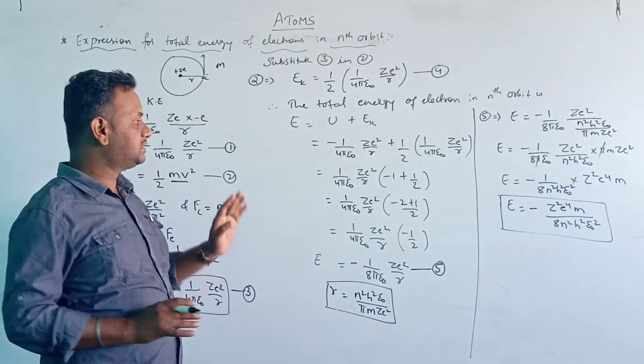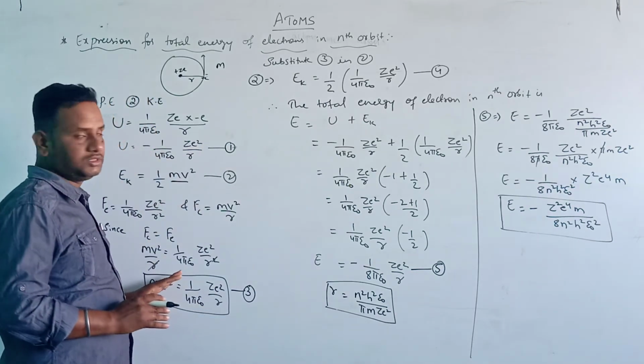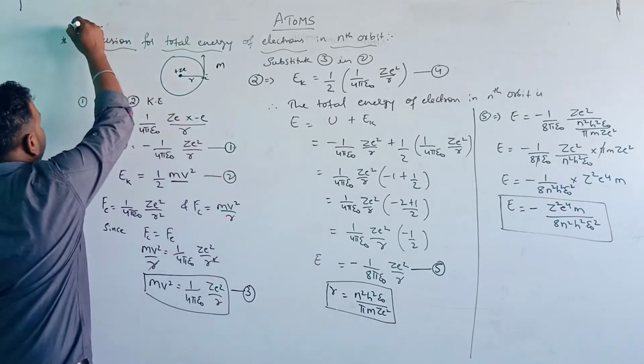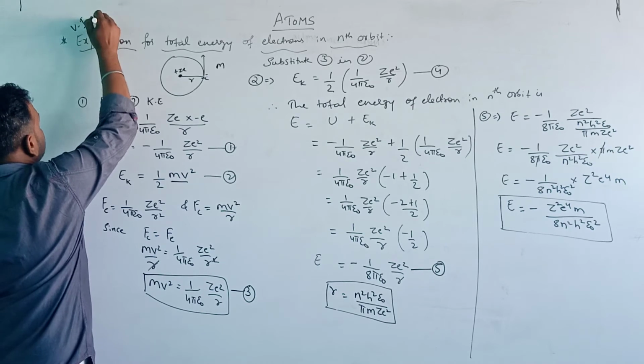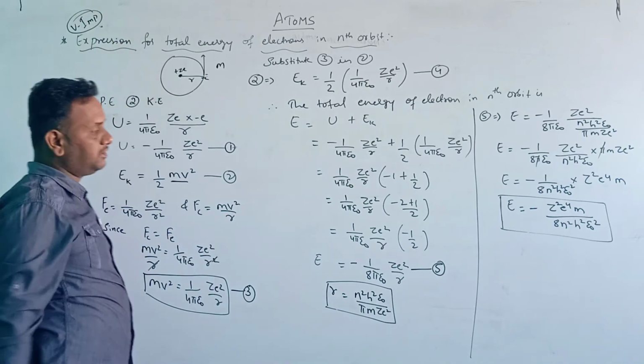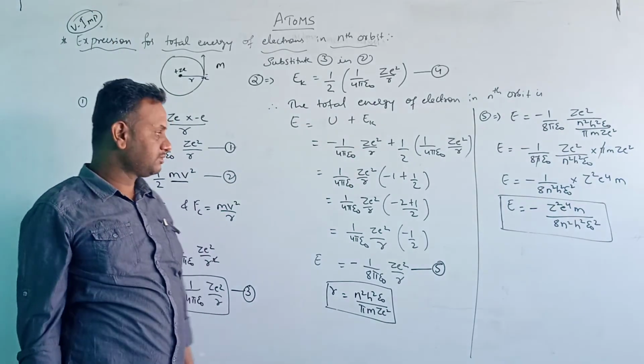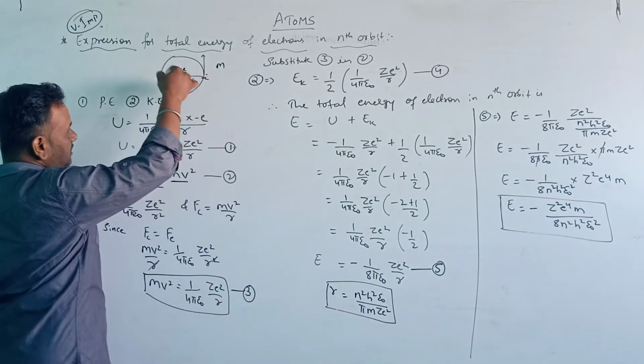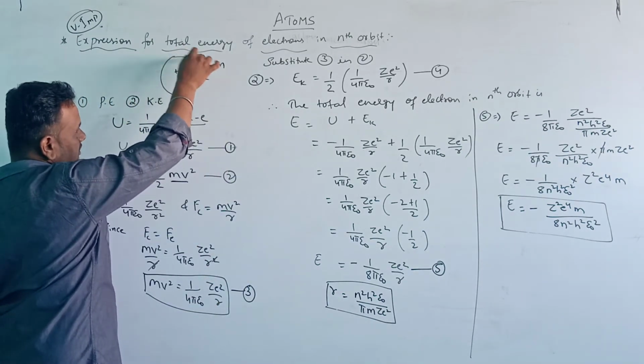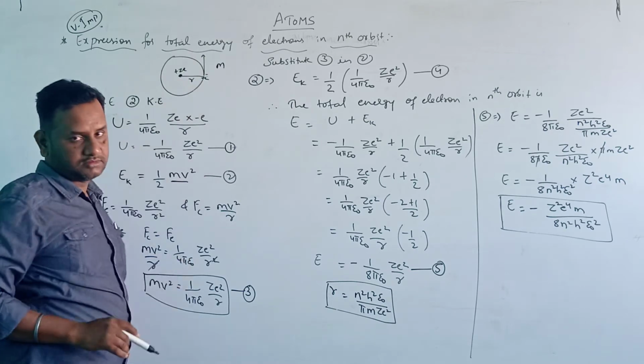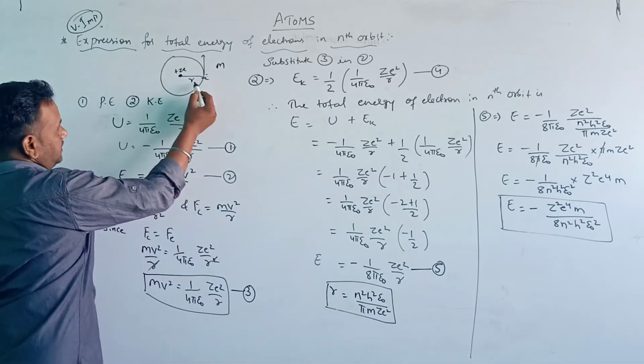So dear students, once again I am explaining this derivation, and this derivation is very important. For 5 marks, they might ask it in the exam, in the board exam. We have considered an electron which is revolving around the nucleus having the radius r.